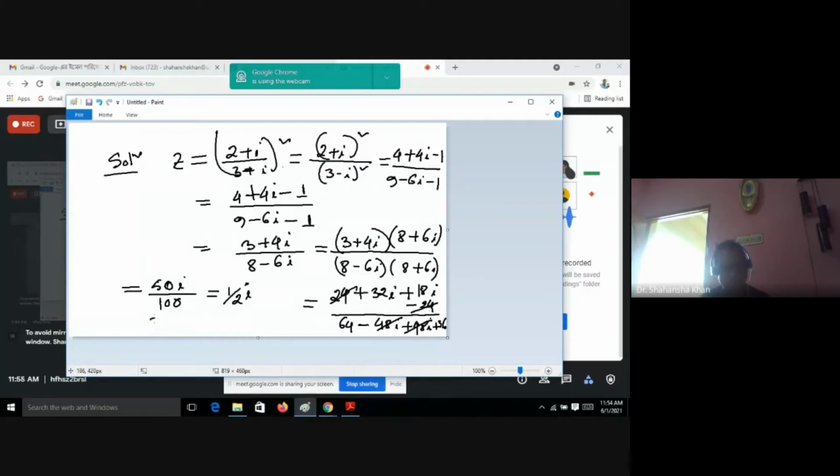So the complex number is expressed in this form: half i.